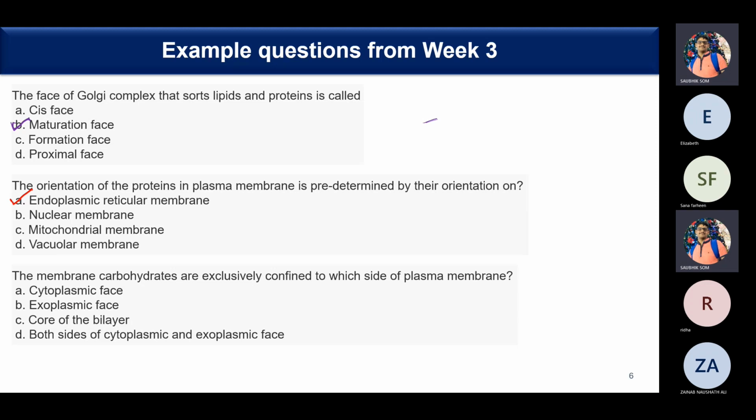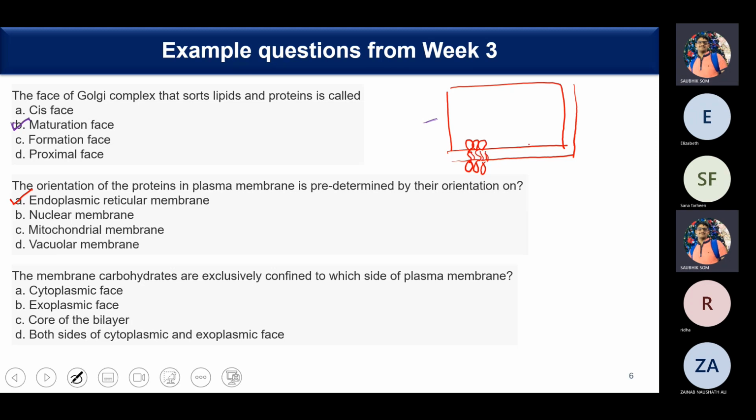So do you remember there was an image shown by sir? I'm not very good at drawing, but say this is my bilayer. We have the phospholipid here, and all the lipid chains were here, right?